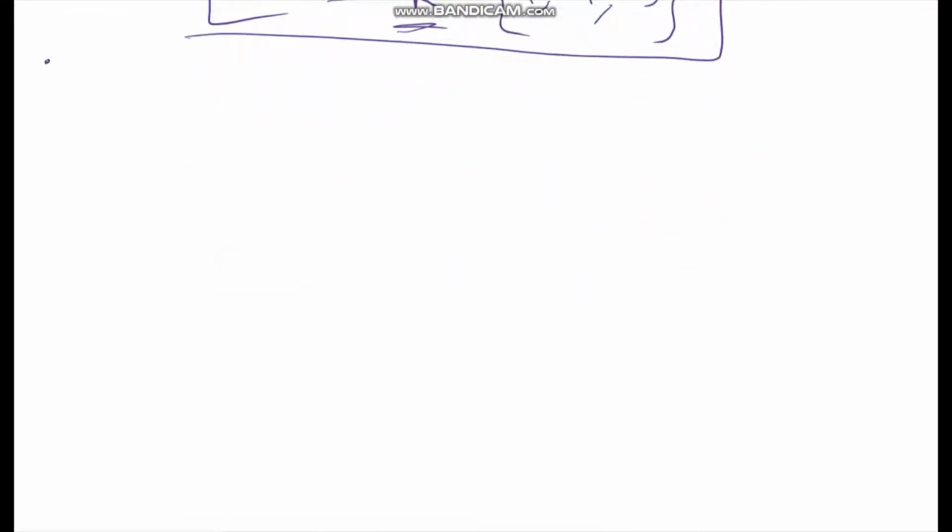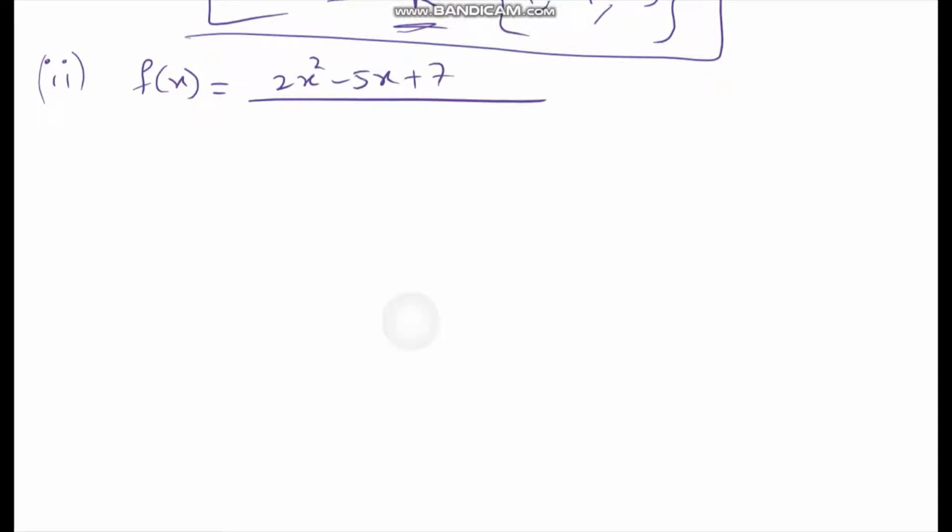Second question is f of x equals (2x square minus 5x plus 7) by (x minus 1) into (x minus 2) into (x minus 3). Similarly, here the denominator should not be equal to 0.